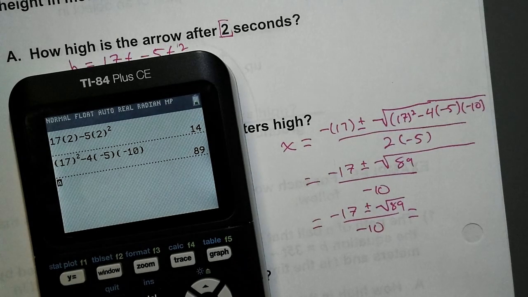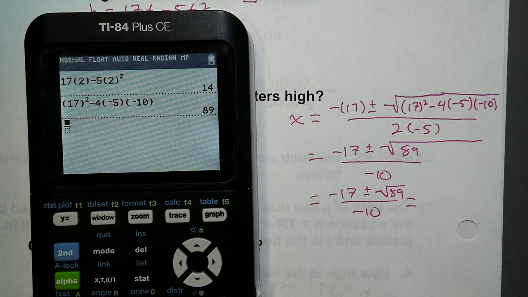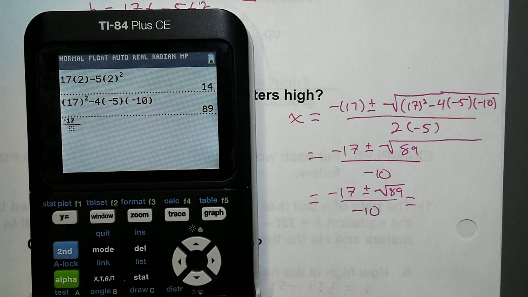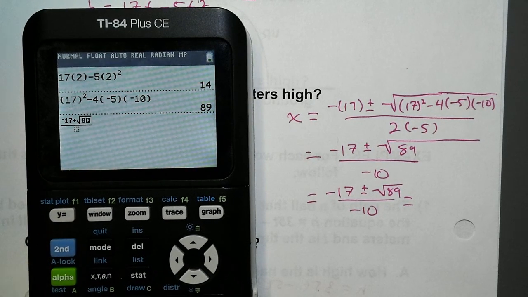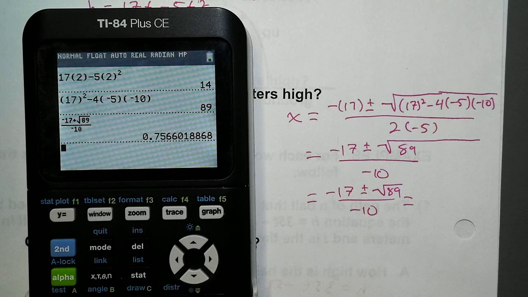So alpha y equals, enter. I'm going to type in negative 17 plus square root of 89 divided by negative 10. And I got 0.75 and all that.